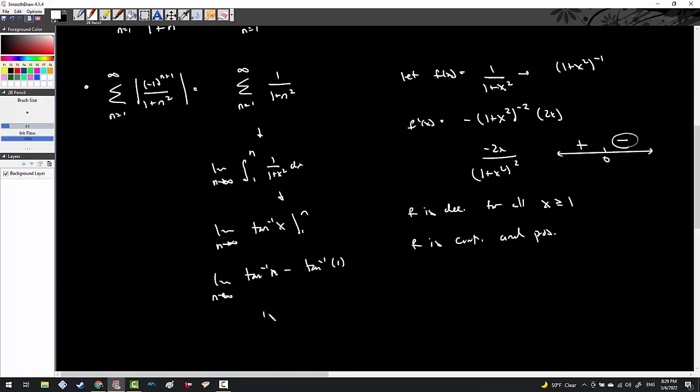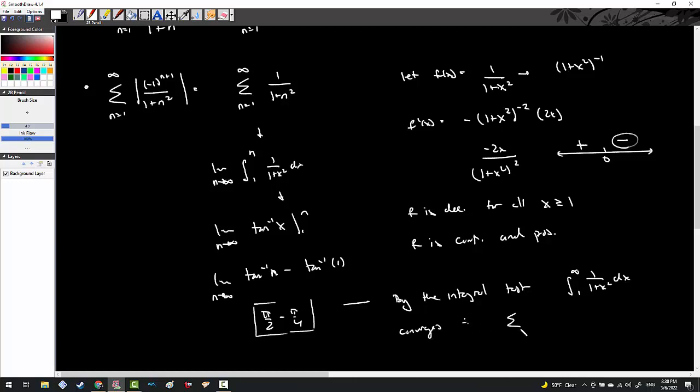And what I end up getting here is pi over 2 minus pi over 4. And so what I can say here is, therefore, by the integral test, the integral from 1 to infinity of 1 over 1 plus x squared dx converges.